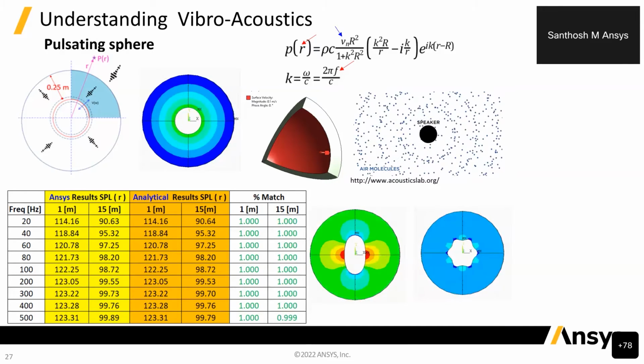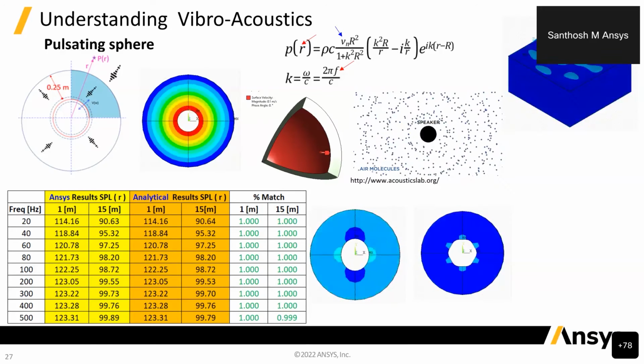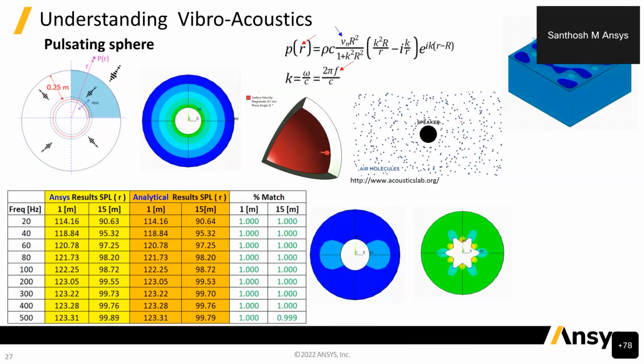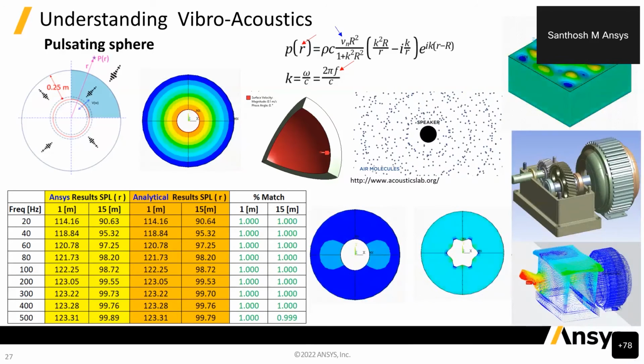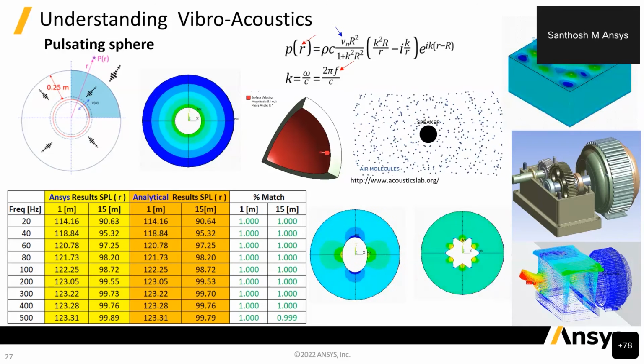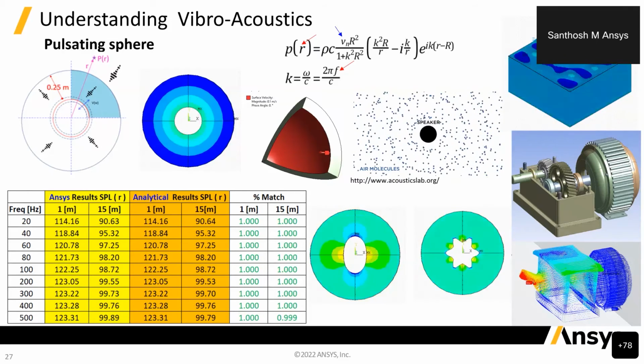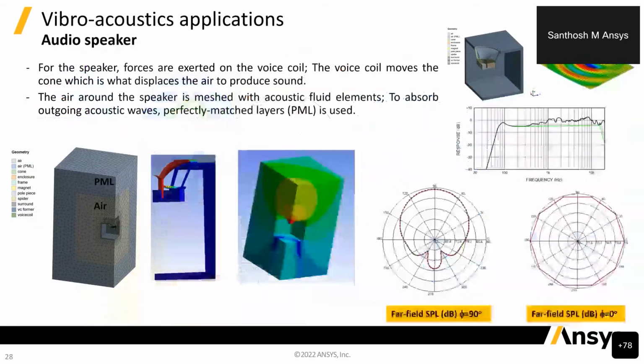That's where it becomes complex. We need to go for an FEA solution. The same concept can be applied to a plate vibrating in a room or a motor vibrating. So the velocity at different points is going to radiate the noise, or produce the fluctuating pressure that is responsible for the noise.